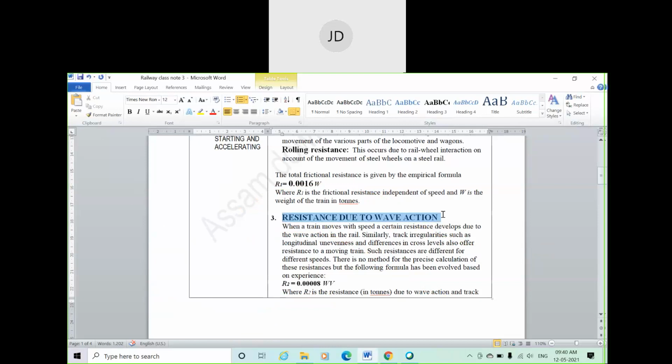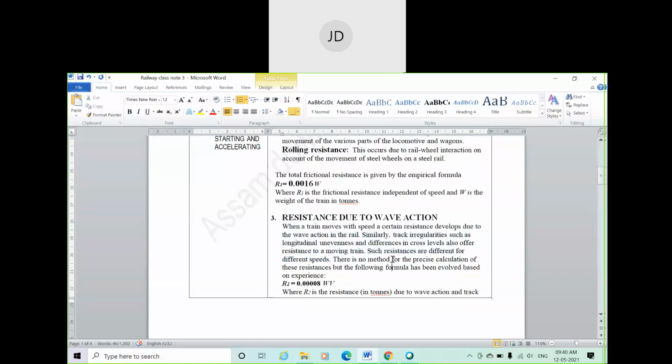So when the train moves with a certain speed, a certain resistance is developed due to wave action in the rail. Similarly, track irregularities such as longitudinal unevenness and differences in cross levels also offer resistance to the moving train.